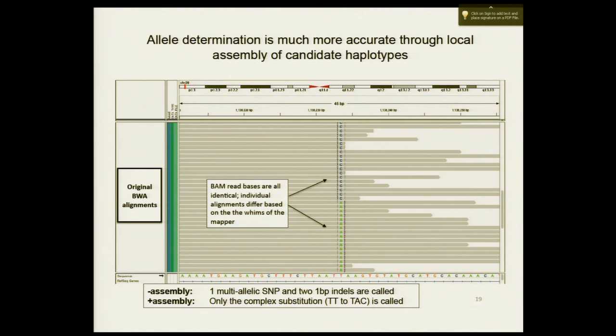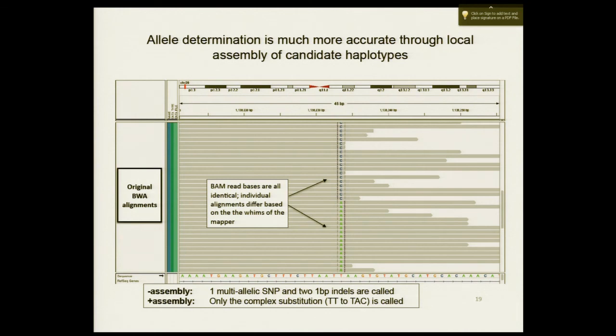But due to the whims of the aligner, some of those reads got an insertion of C, and some of those reads got an insertion of A, even though they have exactly the same base content. The aligner just did something strange. And so what happens with the Unified Genotyper when you come to this site is that you propose this insertion allele, and you call it.